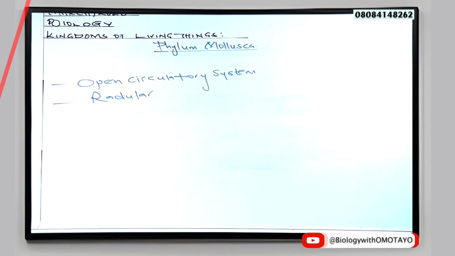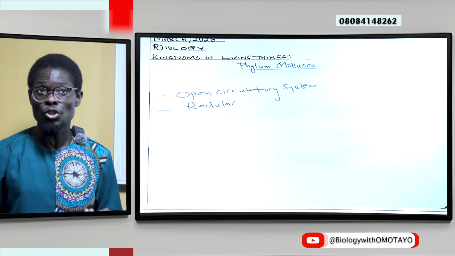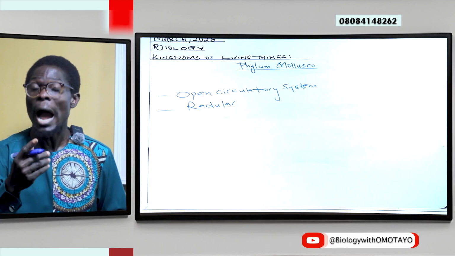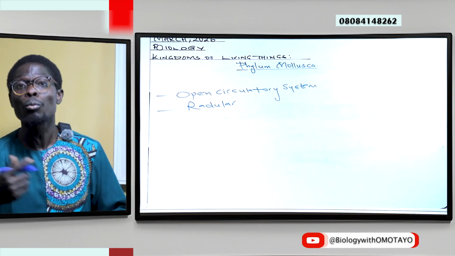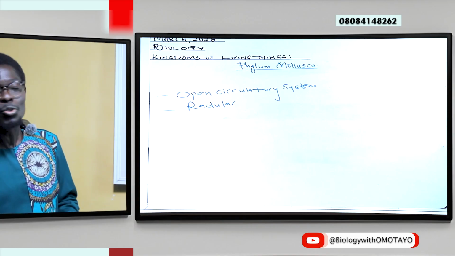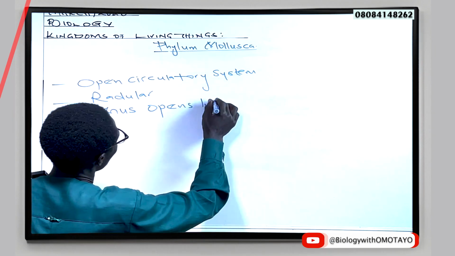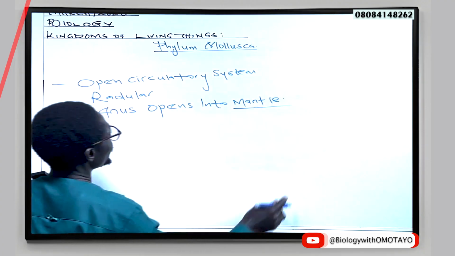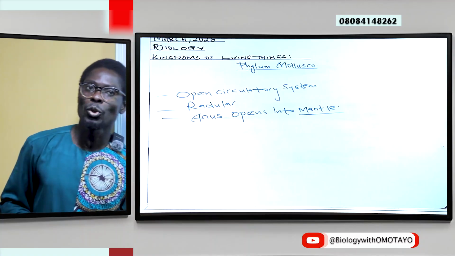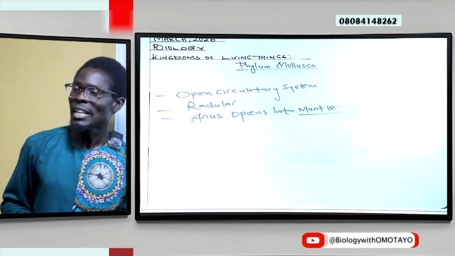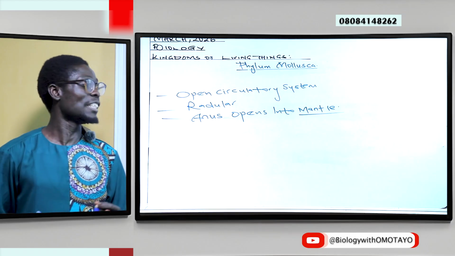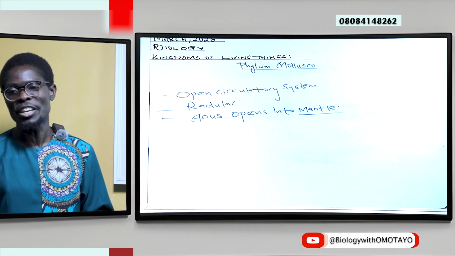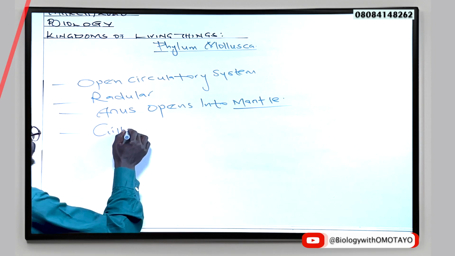They equally have an anus. Yes, the anus is unique and separate as well. However, the anus opens into the mantle cavity, and respiration is usually by the use of gills.